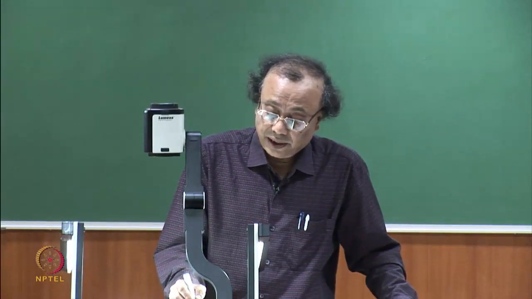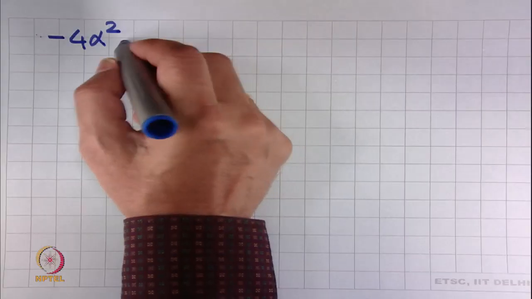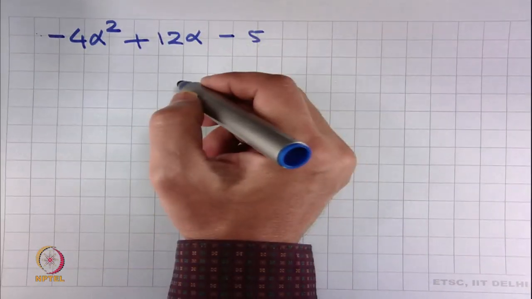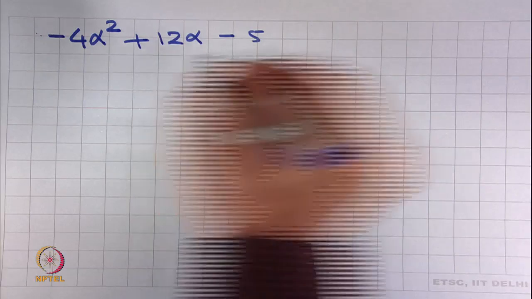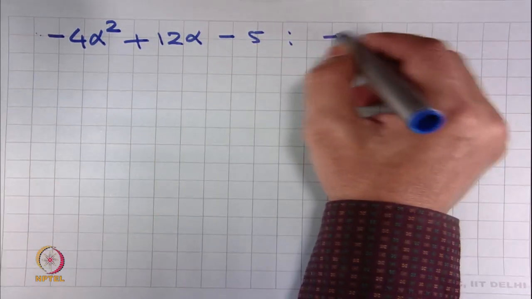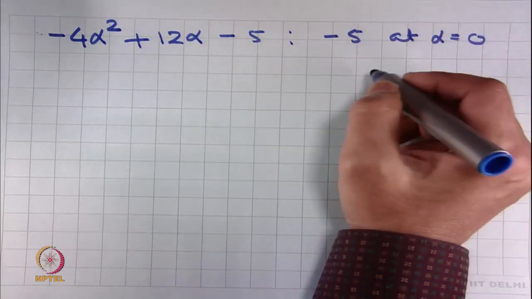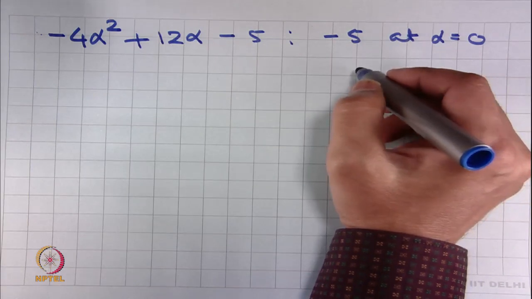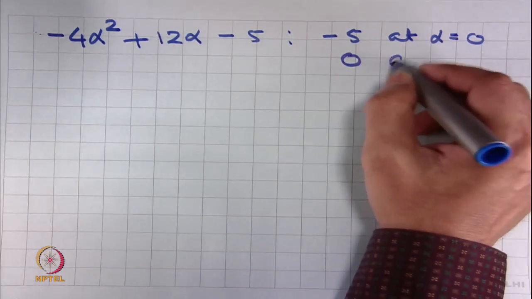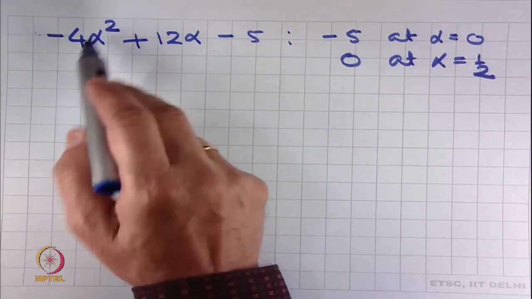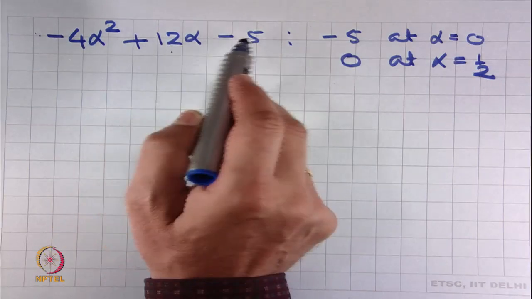The third equation is minus 4 alpha square plus 12 alpha minus 5. Its value is minus 5 at alpha is equal to 0. At alpha is equal to half, its value is 0, because this is 1 by 4, so minus 1, it is 6, it is minus 5.